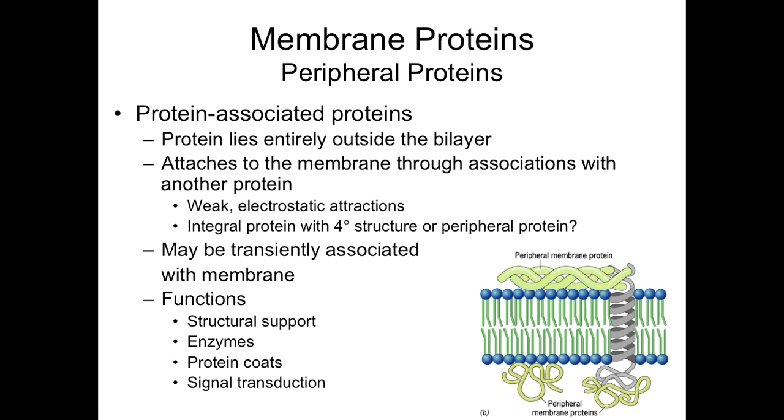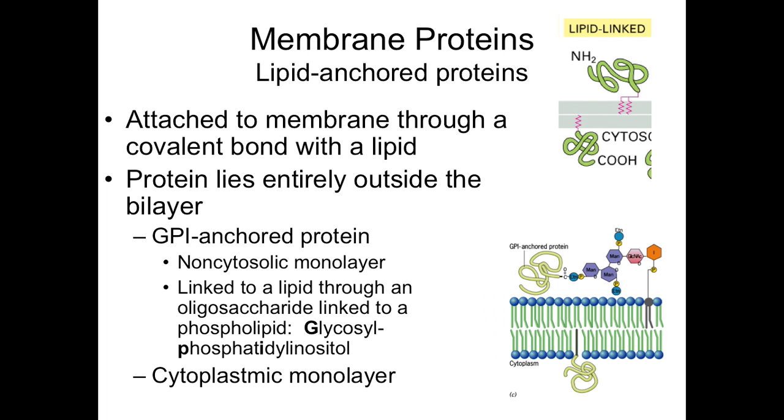Viral protein coats are good examples of peripheral membrane proteins, and some signal transduction proteins. They may be bound to a receptor, and then they get activated when the receptor is activated, and then they go do something else to transduce the signal. Okay, these are some examples of peripheral membrane protein functions.